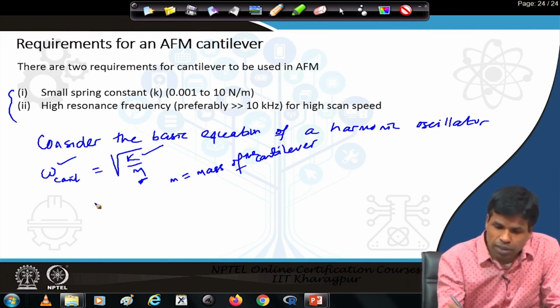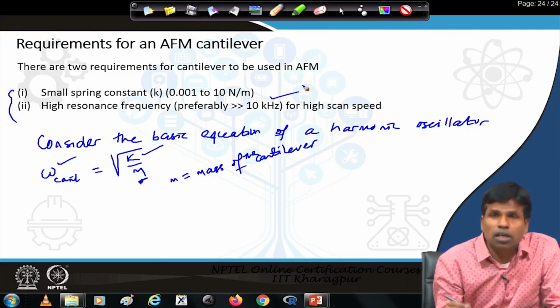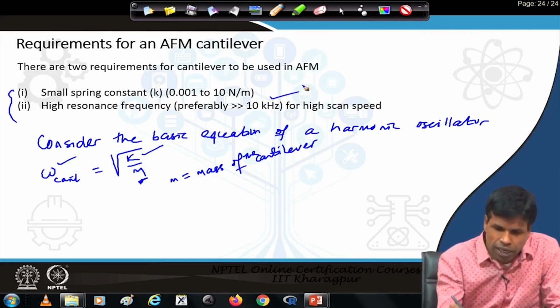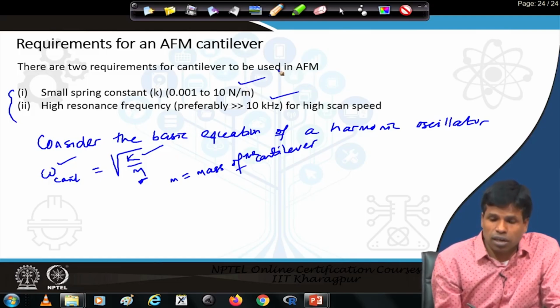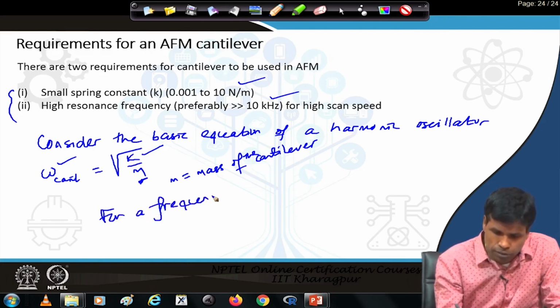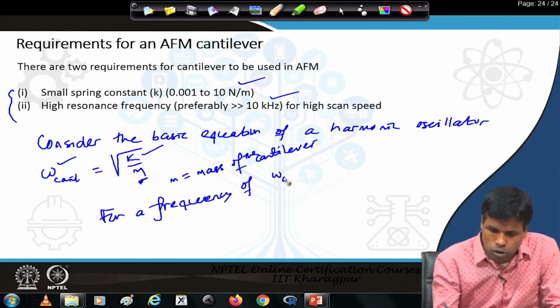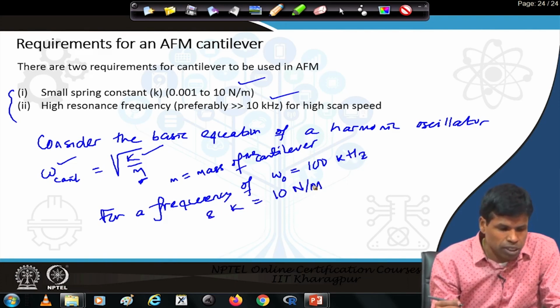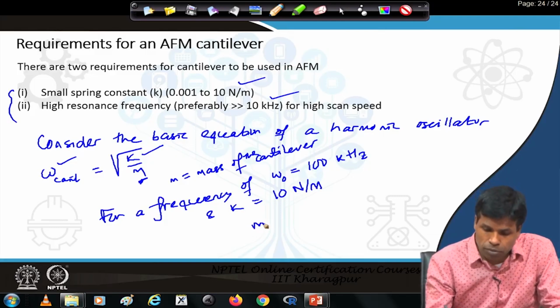If, for example, we need a resonant frequency greater than 10 kilohertz, and a small spring constant of 10 Newton per meter, say a frequency omega naught of 100 kilohertz and spring constant of 10 Newton per meter, then m needs to be 1 microgram.